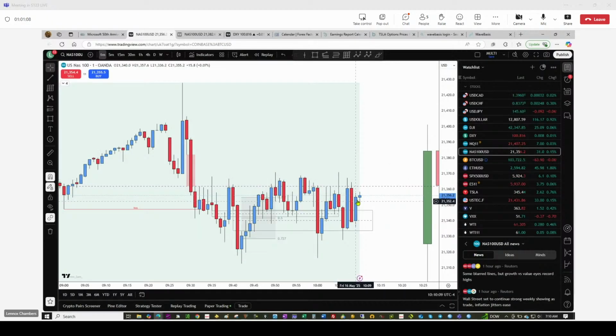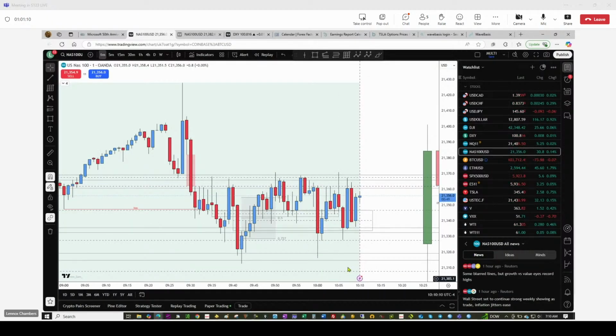It's still struggling on the NAS. So similar thing. We can wait for a confirmation breach of the highs and then a retrace. So before we go.